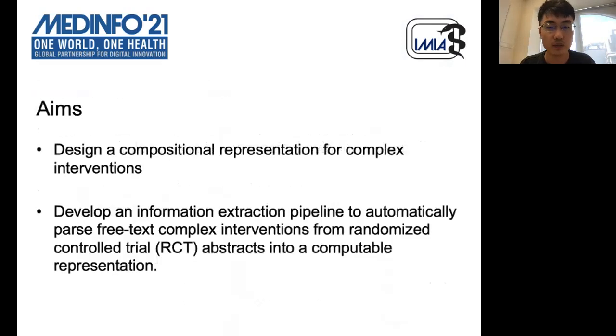So our study aims to better normalize complex interventions, and it is developed into two aims. The first aim is to design a compositional model for the representation of complex interventions. The second aim is to develop an information extraction pipeline, which takes in the free text complex interventions from randomized controlled trial abstracts and converts them to a computable representation.